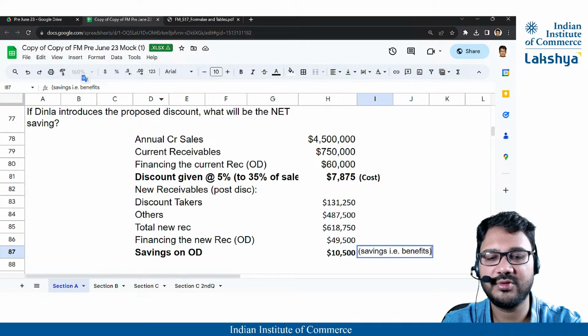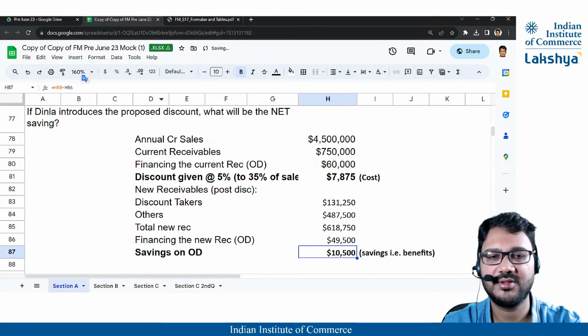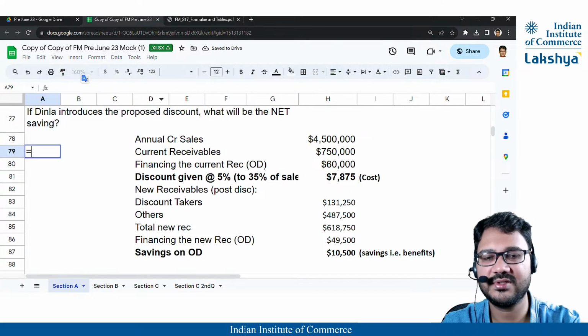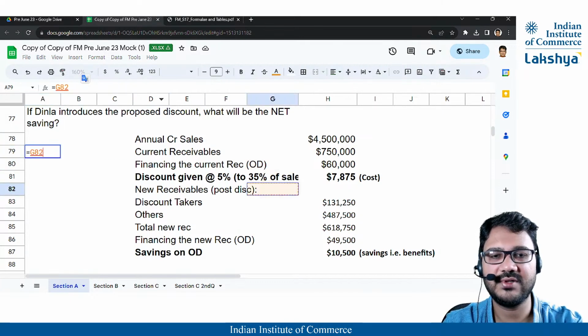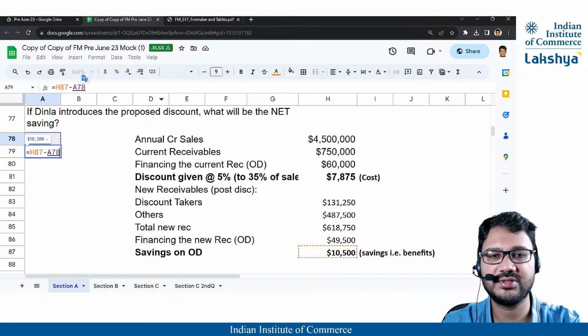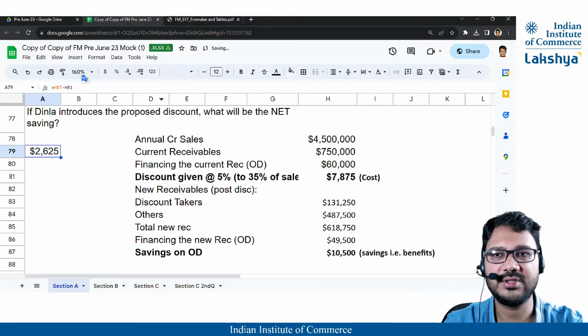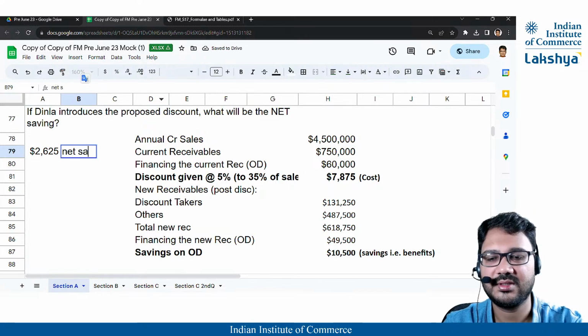So we are doing a cost benefit analysis. Our total savings is this much against a cost of $7,875. So that means this will be our net savings. We can just mark this.